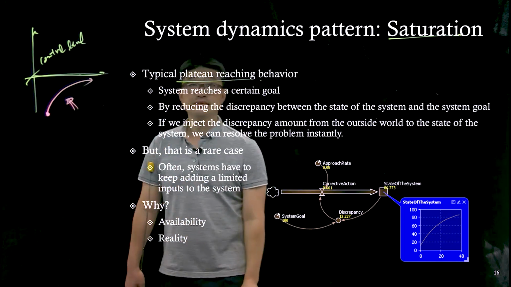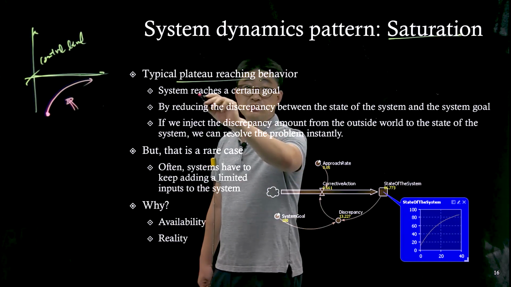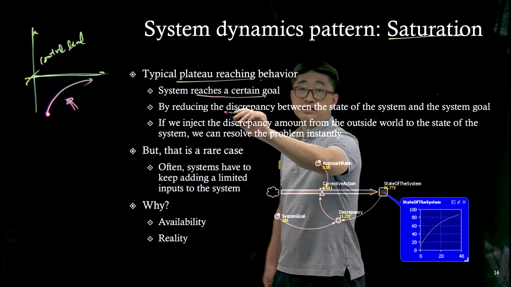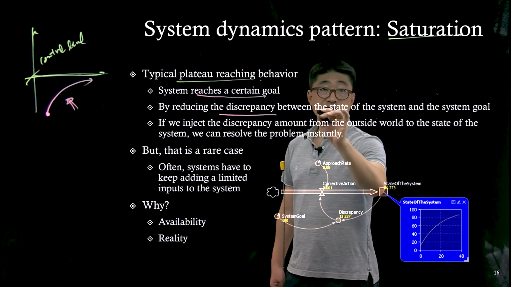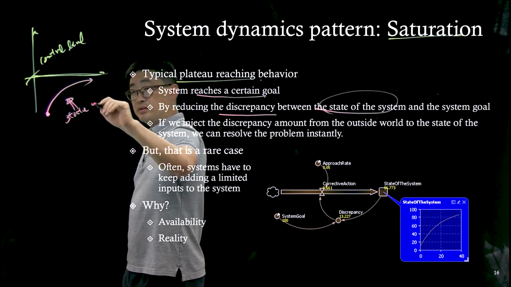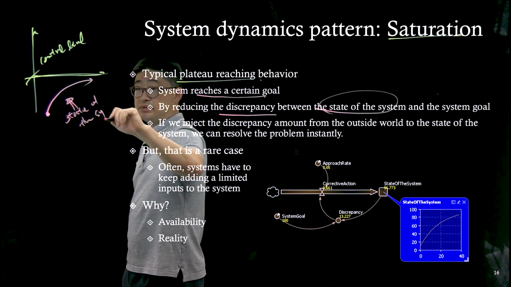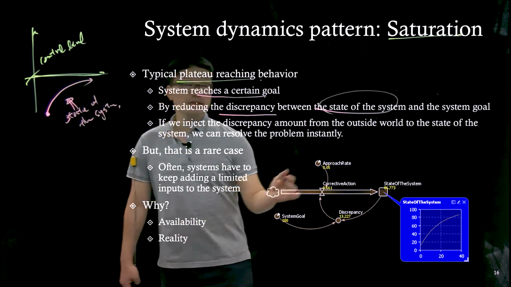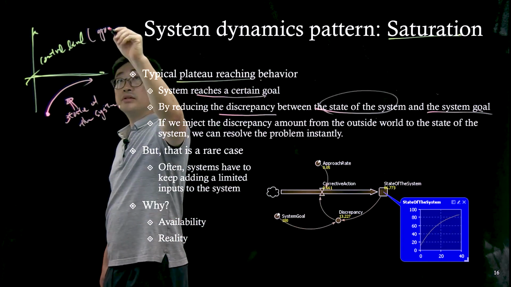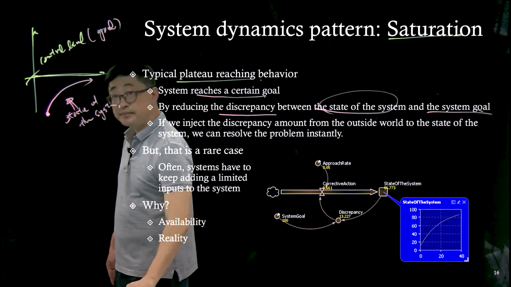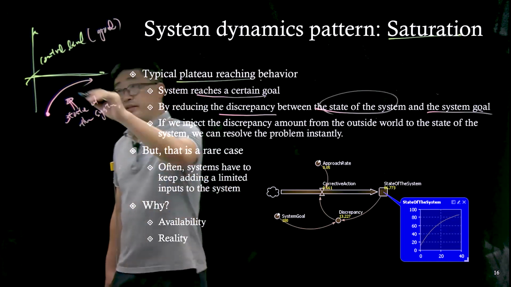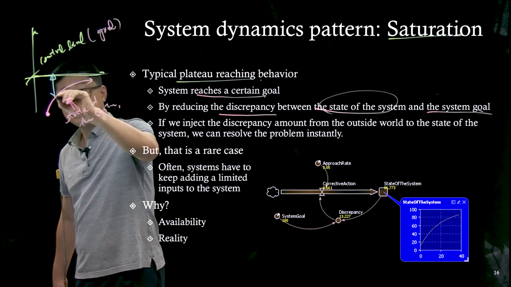That's the question. The system wants to reach a certain goal by reducing the discrepancy between the state of the system, this is the state of the system, and the system goal, the control level, also known as the system goal. And we want to calculate the discrepancy, this level.